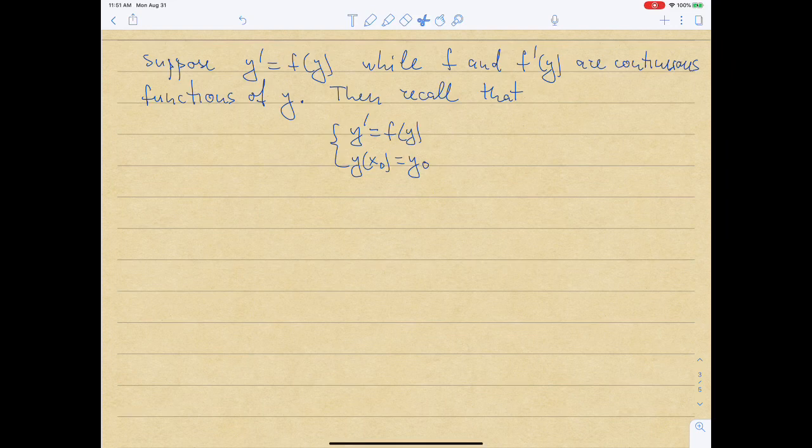So if those functions are continuous everywhere, like I'm assuming here, then in particular they both must be continuous near x0, y0.